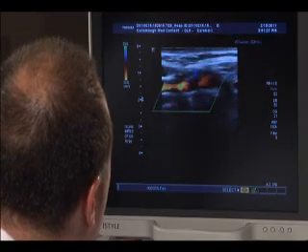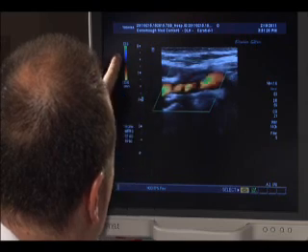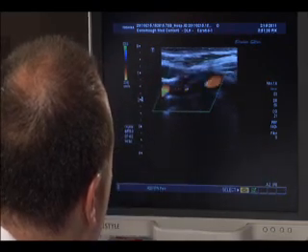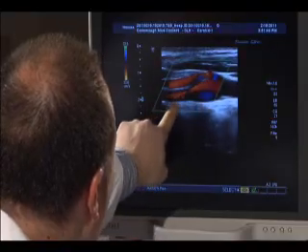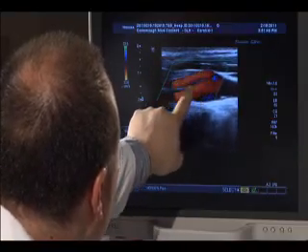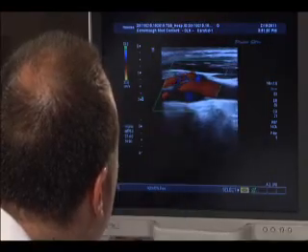In this case, red blood flow is moving away from my transducer. Blue blood flow is moving toward my transducer. And what we look for is blockage along the artery walls, especially where the vessels split apart.